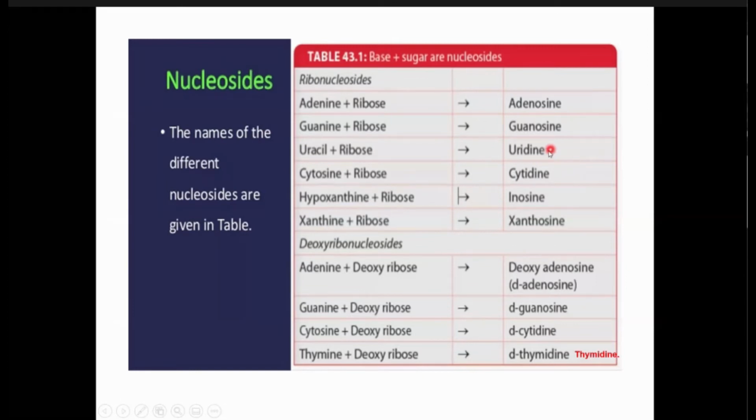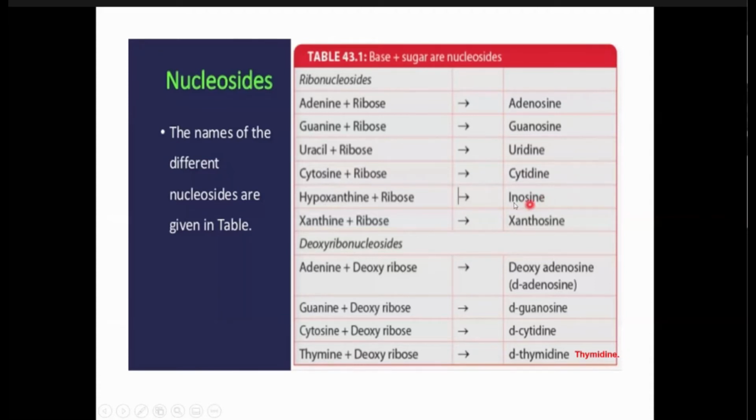You see here it is a bit different from "sine", so it becomes "dine". Cytosine plus ribose, cytidine. There is an exception here. If you look at the minor bases, hypoxanthine plus ribose is something completely different, called inosine. So please remember this.